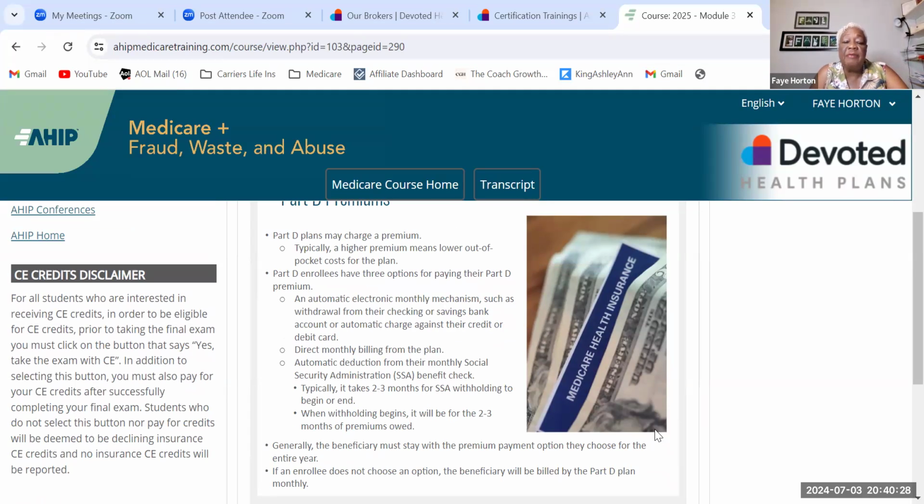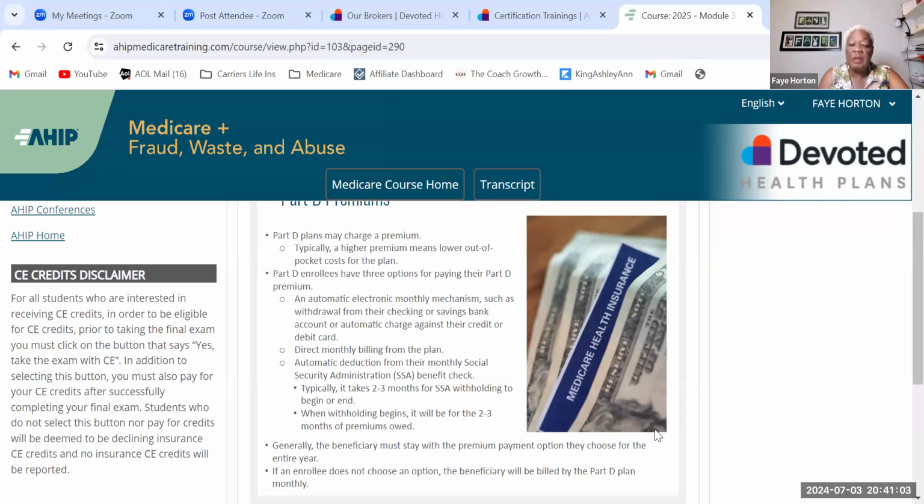Part D enrollees have 3 options for paying their Part D premium: an automatic electronic monthly mechanism, such as withdrawal from their checking or savings bank account, or automatic charge against a credit or debit card; direct monthly billing from the plan; or automatic deduction from their Social Security check. Social Security typically takes 2 to 3 months to catch up to withholding, either starting it or stopping it.